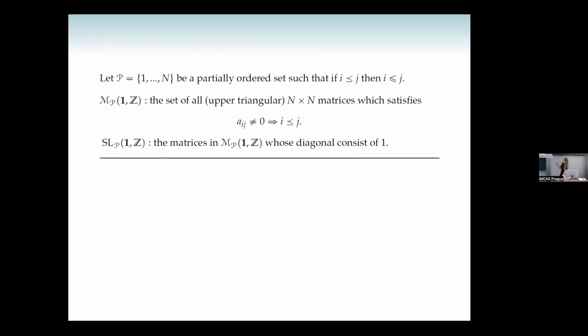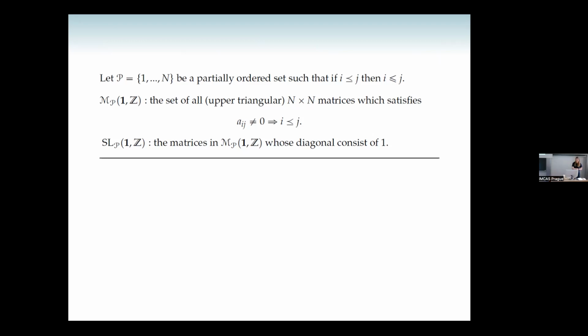Okay, so this SLP is defined by taking a partially ordered set such that if i is less than j in that order, then i is less than j in the usual order on the natural numbers. So it has to satisfy that condition, otherwise it's just a partially ordered set.